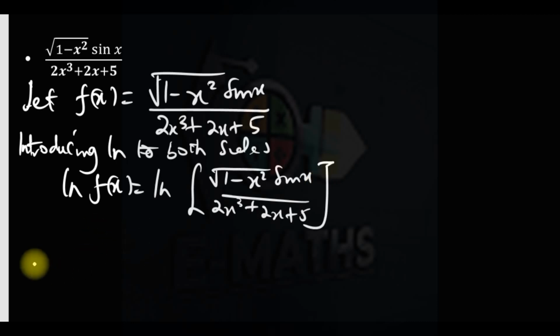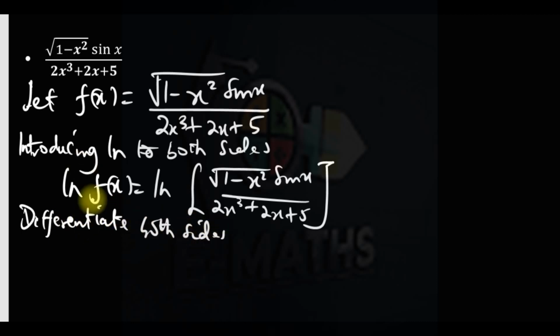So what do we do? We now differentiate both sides. If you differentiate the left hand side, I have f prime x over f(x).